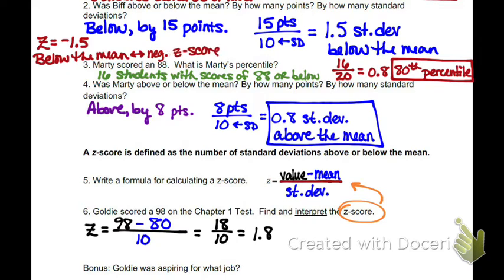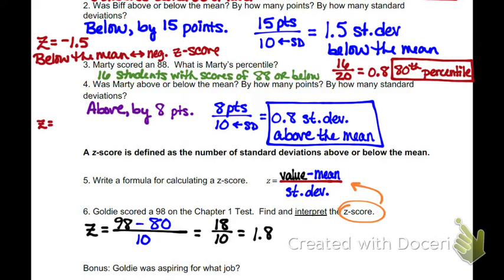So how would we talk about the z-score for Marty then? What would his z-score be? We got the negative 1.5 for Biff because when I divided, I got 1.5 standard deviations. What was Marty's again?